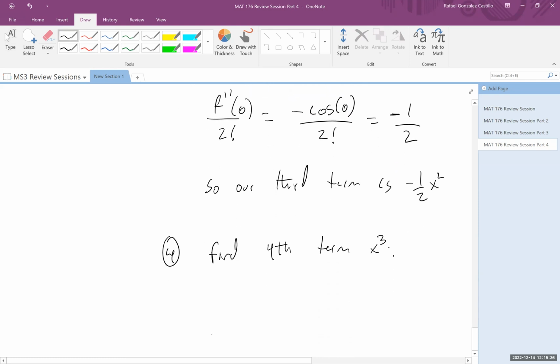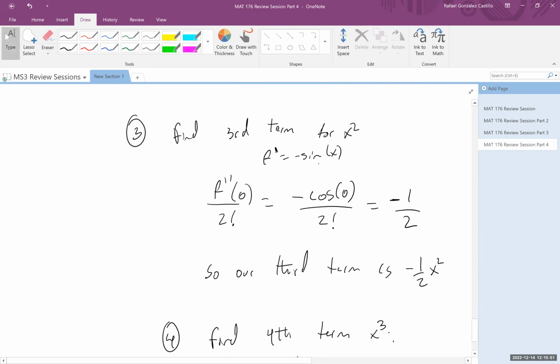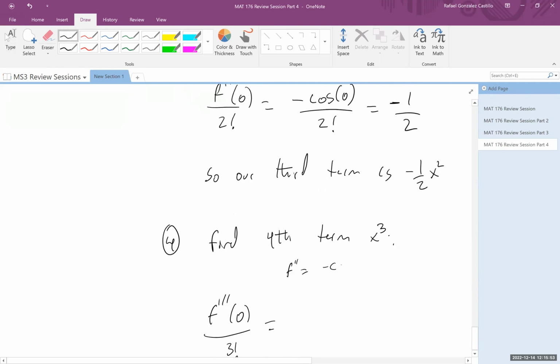So for x cubed, you're doing the third derivative of f at 0 over 3 factorial. What was our second derivative? Our second derivative was negative cosine, right? Negative cosine.